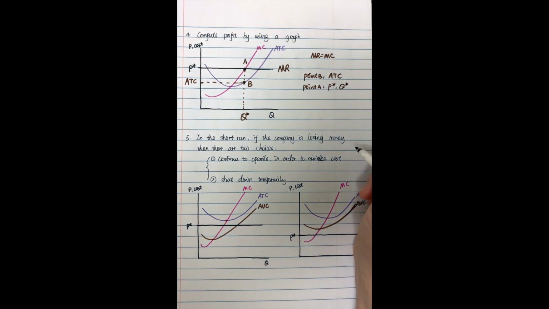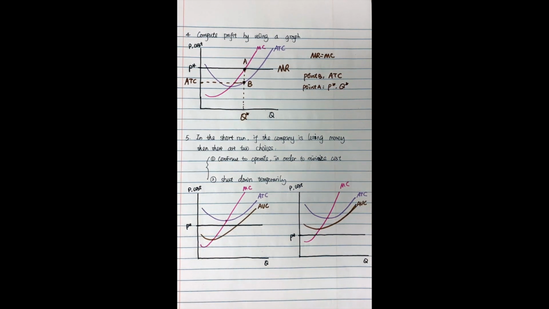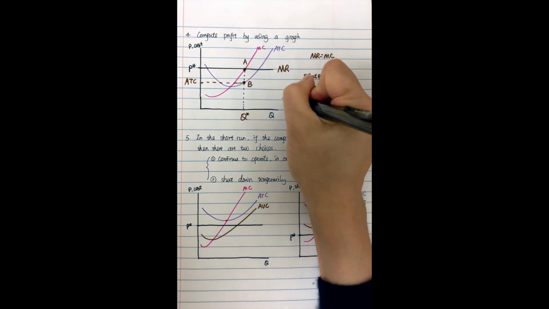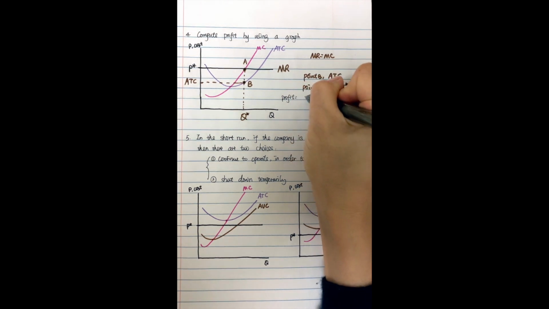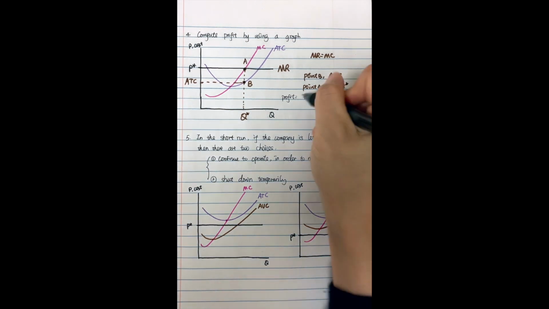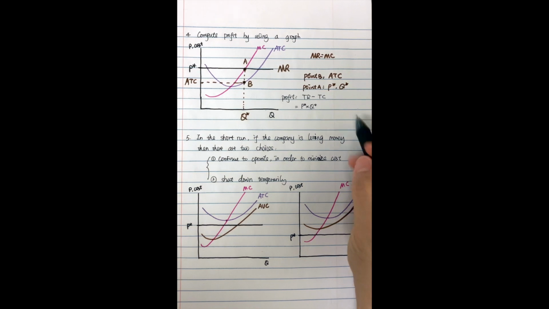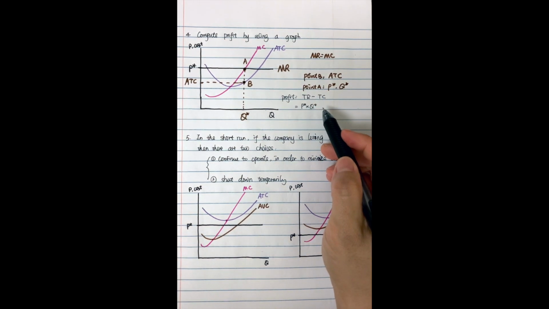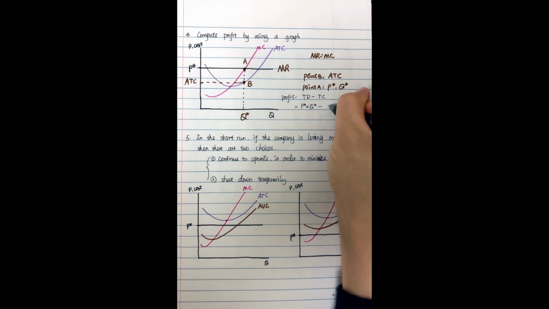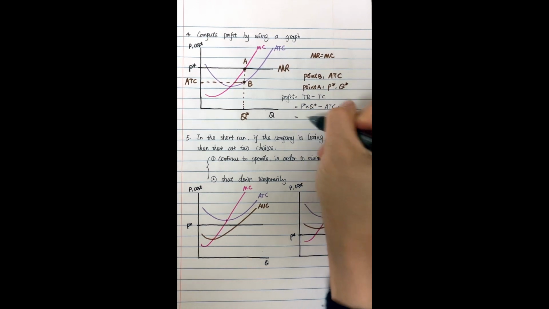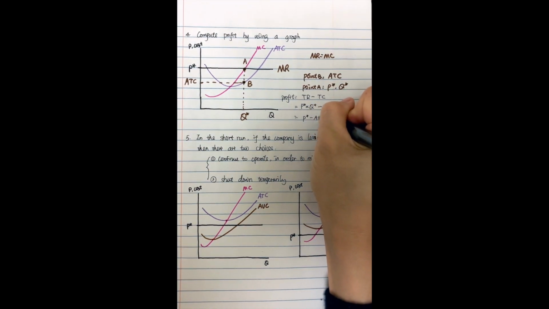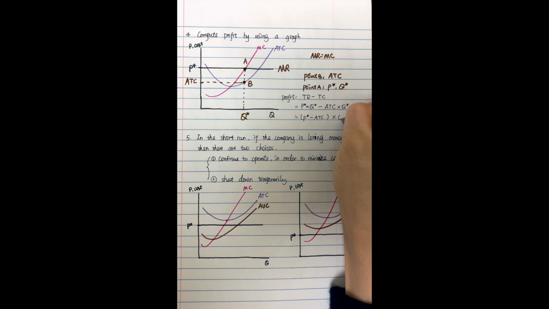Therefore, how can we get the profit? The profit will always equal total revenue subtract the total cost, right? And total revenue here will equal P star times Q star, right? This is the total revenue. And then how about the total cost? Total cost will equal to average total cost times Q star, right? So finally, we can find out the profit will equal P star subtract average total cost and then times Q star.